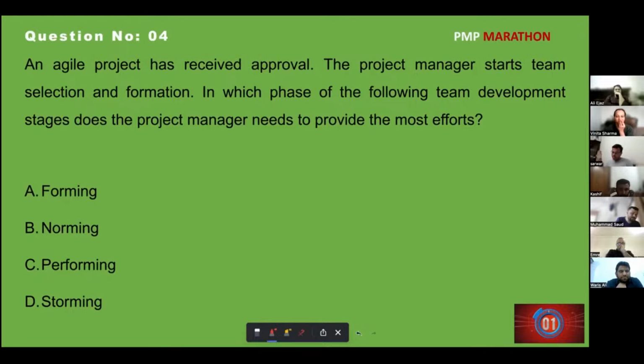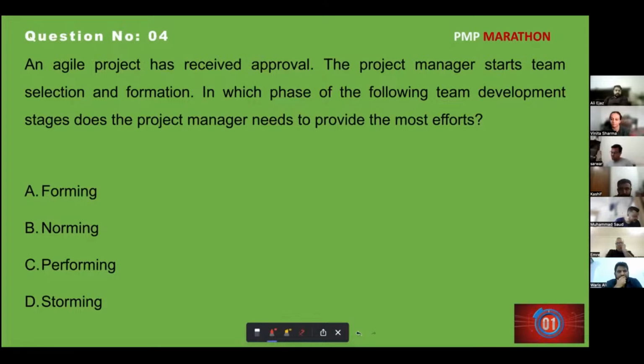Bhavana, unmute yourself. Bhavana, justify your answer. Okay, Bhavana, why forming? Because that's the first stage of team formation, and we are in that stage right now.